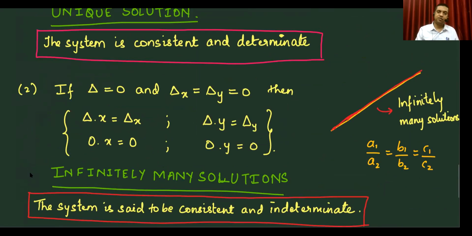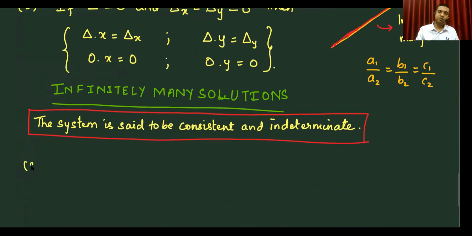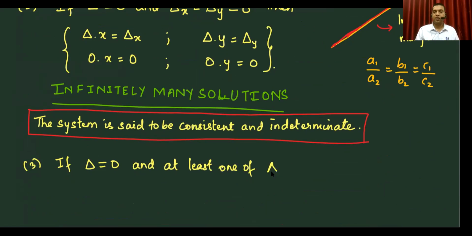Third, if delta equal to 0 and at least one of delta x, delta y is not equal to 0, then what happens? Delta is 0 but delta x is not 0.